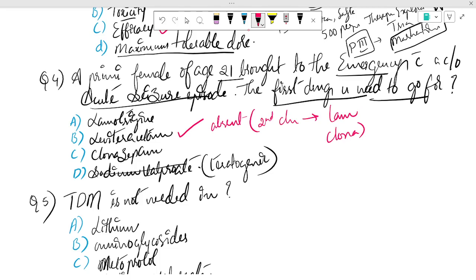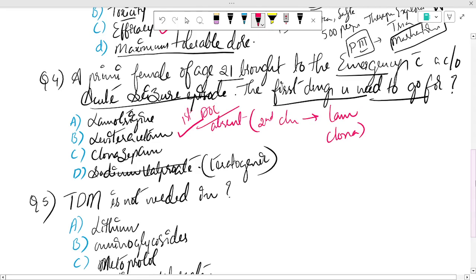Warfarin causes limb anomalies, something called phocomelia, and you have lithium, which causes Epstein's anomaly. And aminoglycosides lead to serious ototoxic effects, even ototoxic maldevelopment. So here the answer is levetiracetam. That should be your first choice, and it is the drug of choice for acute seizure episodes in pregnancy.